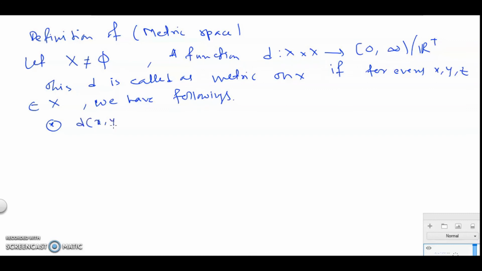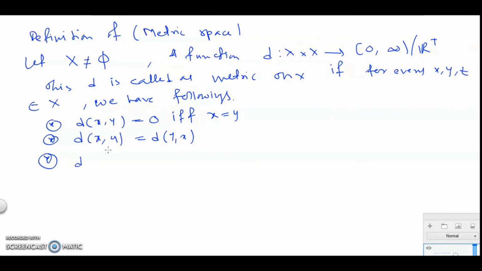Distance between 2 points is 0 if and only if x equals y. And distance between 2 points, if you measure from x to y and someone measures the distance from y to x, will always be the same. And the third property is the triangular inequality property.